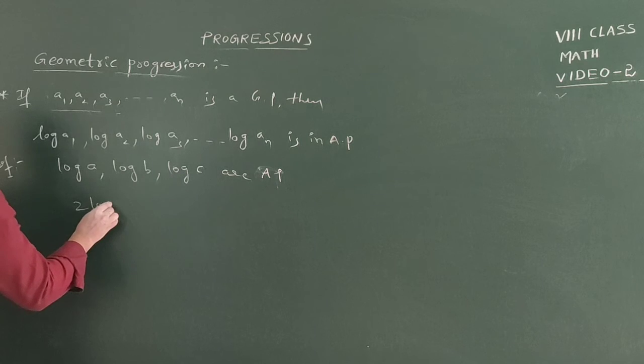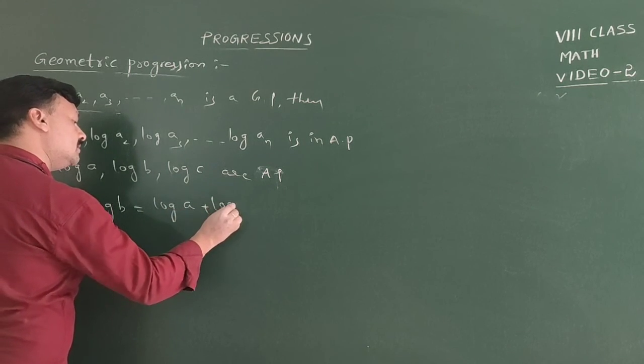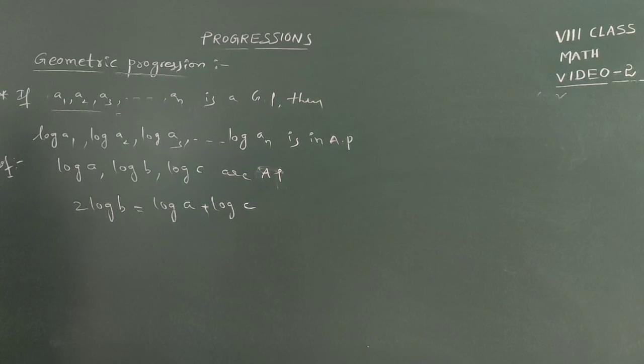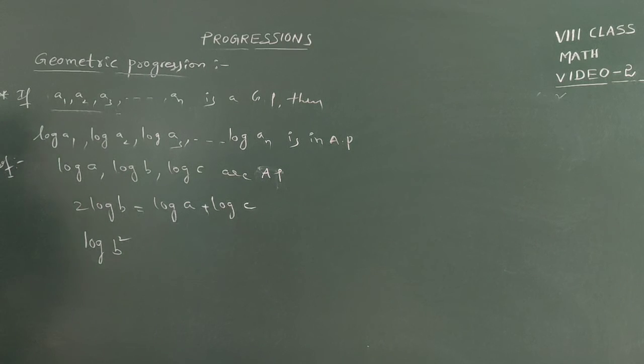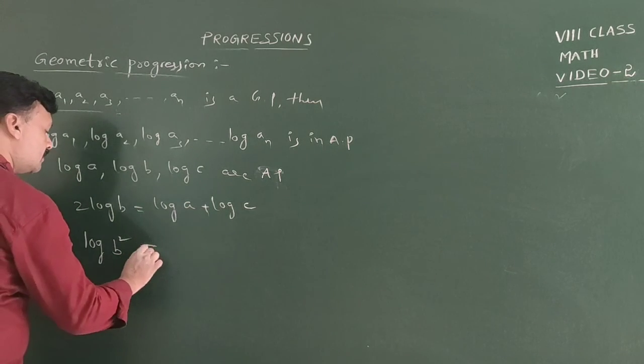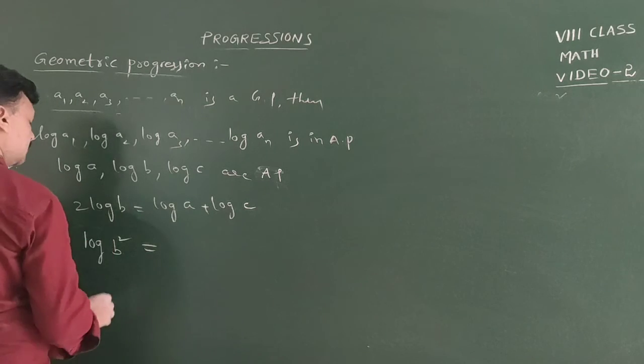Next, 2 times log B equals log A plus log C. Here, log B squared, using the third logarithmic law, x log y equals log y to the power x. This 2 becomes the power.